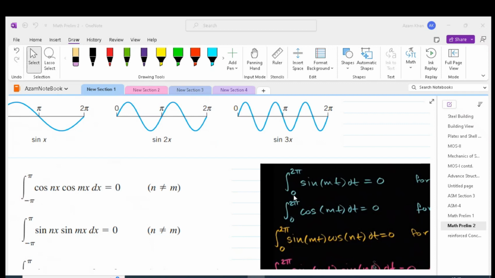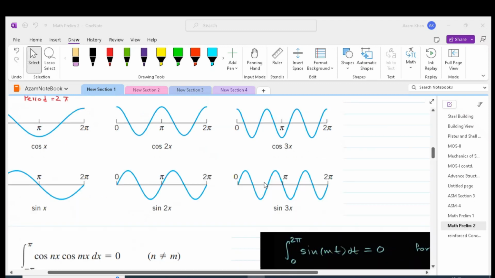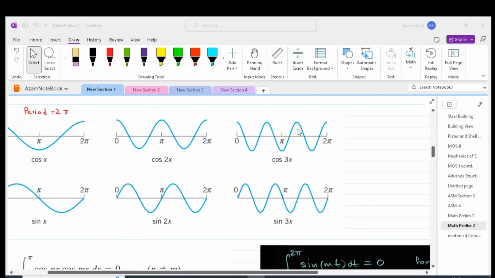So if we take 0 to 2 pi, or if we take minus pi till plus pi, the overall period comes out to be 2 pi. So it really doesn't matter how we integrate it. The important thing is that we integrate over one period of 2 pi. The reason that this limit doesn't matter is that we have a periodic function which repeats itself after equal intervals.